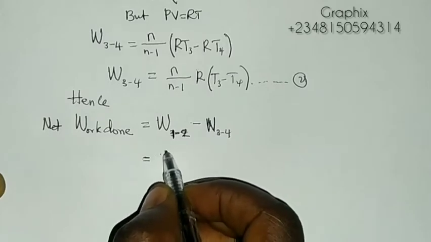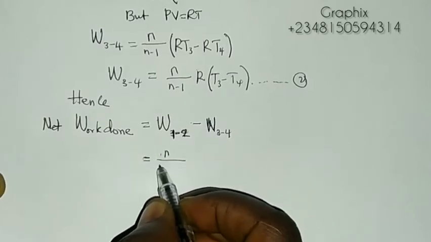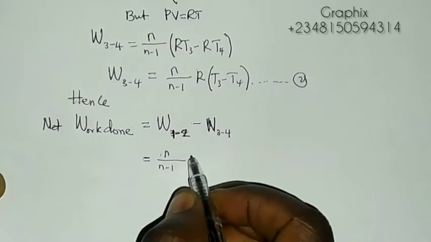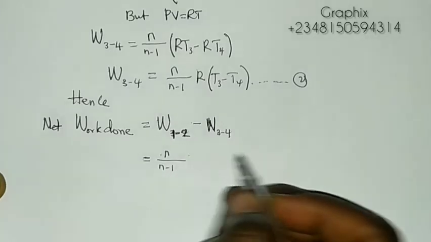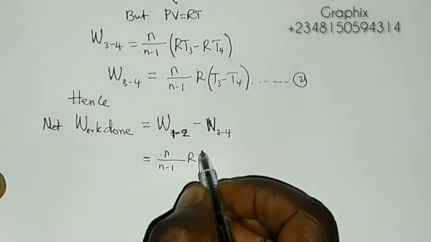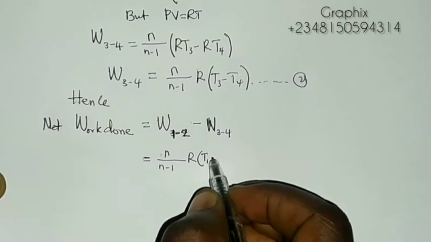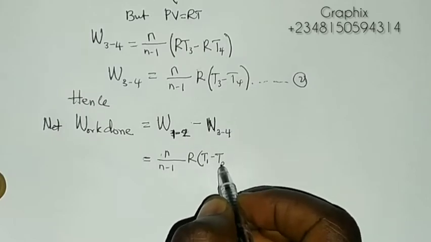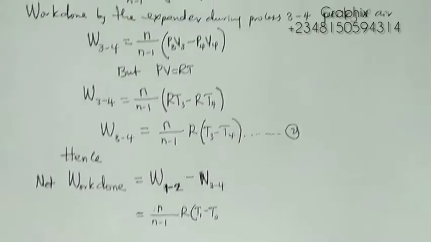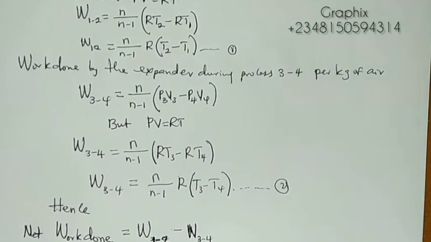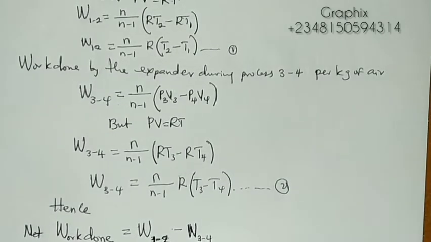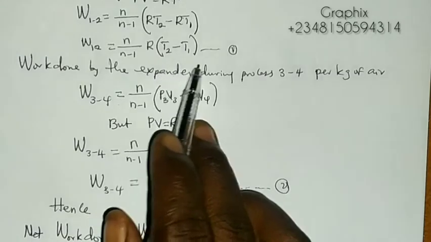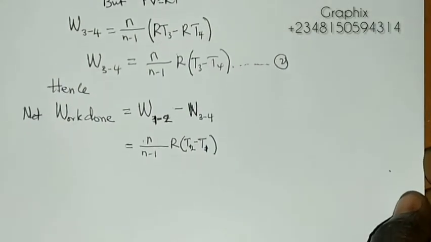So n all over n minus 1 into brackets R times T2 minus T1, sorry. That is the work done there.